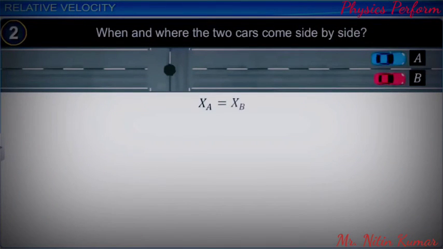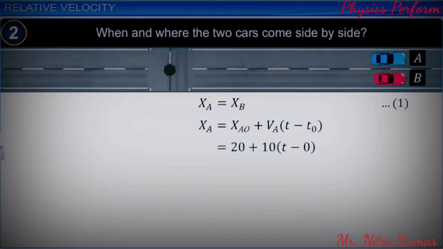That is, XA is equal to XB. This can be called equation 1. Here, XA is equal to XAO plus VA into T minus T naught. By substituting and simplifying, we get XA equal to 20 plus 10T.